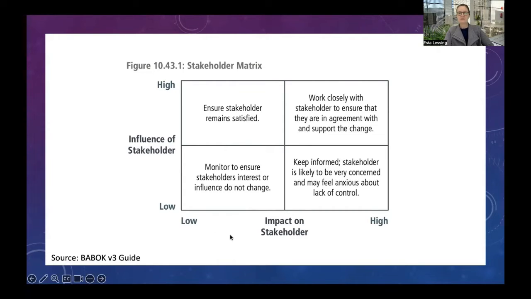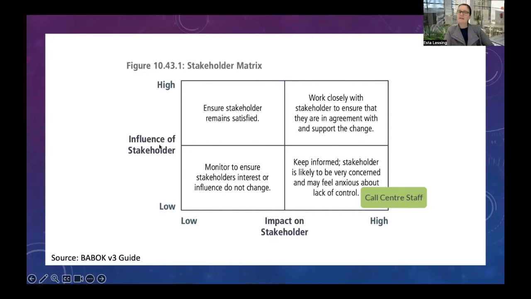Essentially, you'll determine if a stakeholder group is heavily impacted by your initiative. Let's say you're implementing a new call center software solution, and your stakeholder group is the call center staff. They are very much impacted, so they will be sitting within this quadrant.